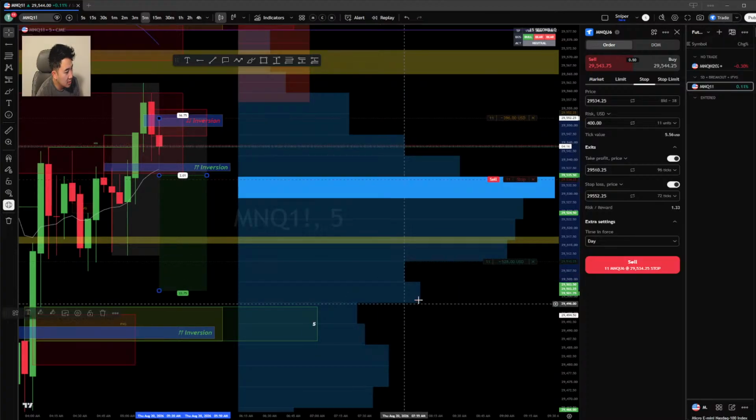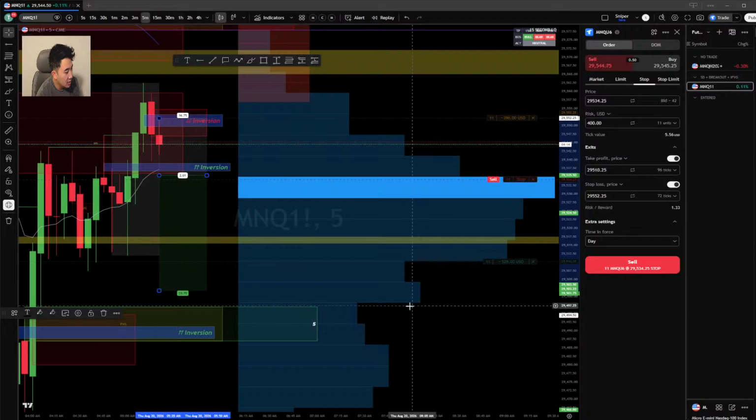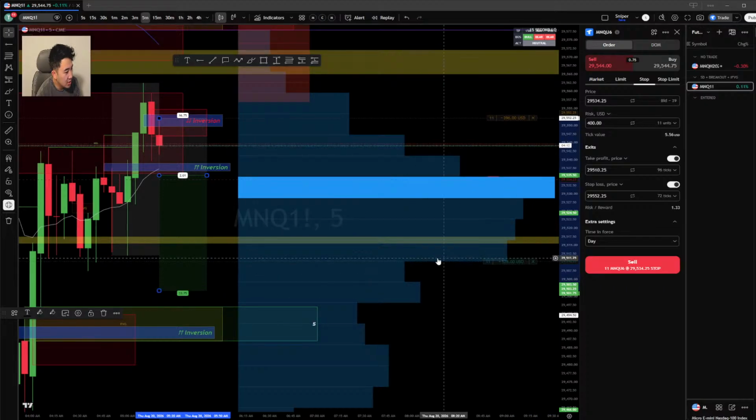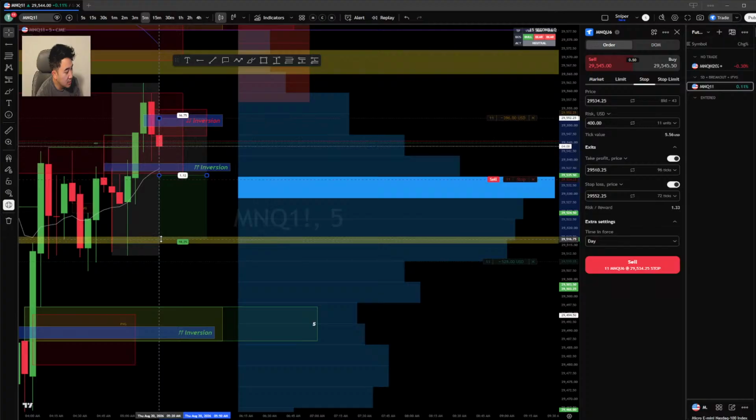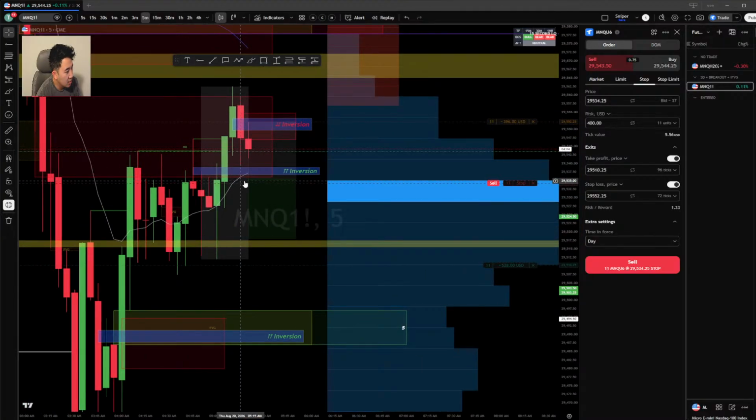Targeting this volume peak right here. See how it drops and then peaks back up. I would go for it. Let me see, a 1-2-1. If it closes over, that's where I would enter.